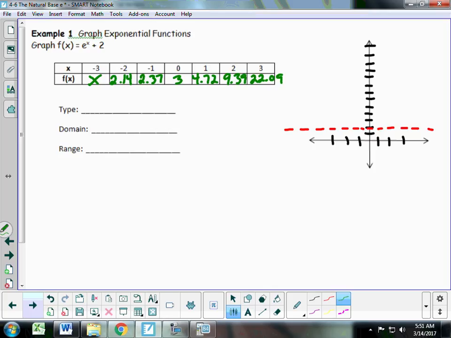So, negative 2, up 2.14, just above that red line. And then negative 1, 2.37, a little higher. 0, 3. 1, 4.72. 2, 9.39.